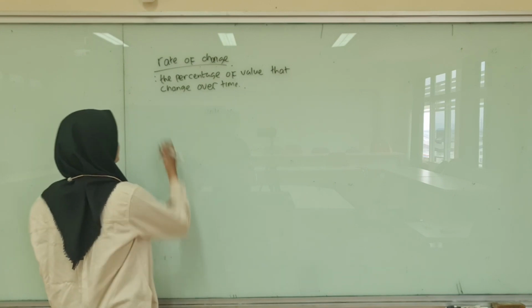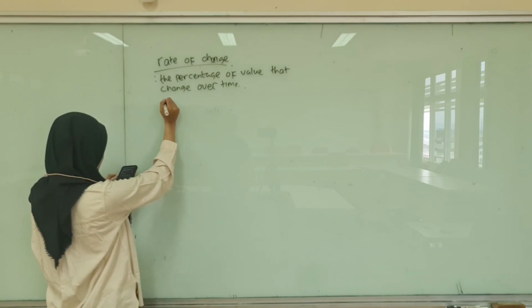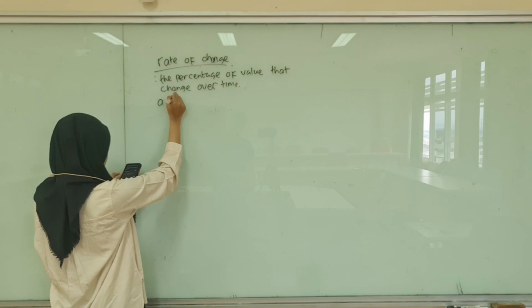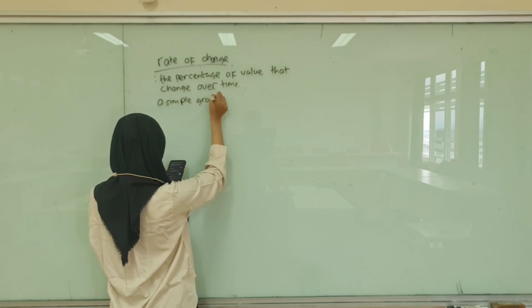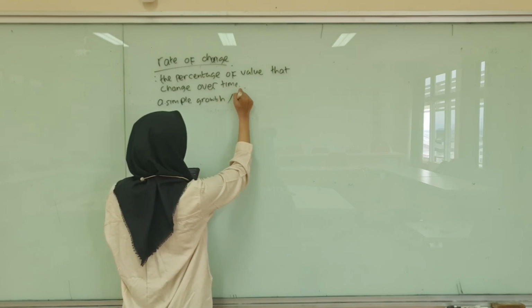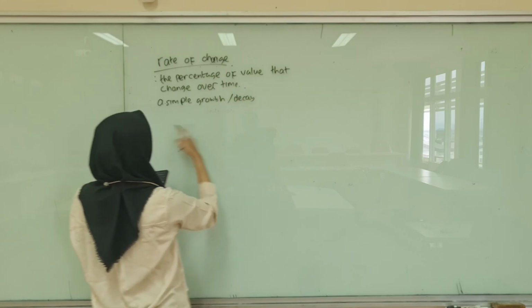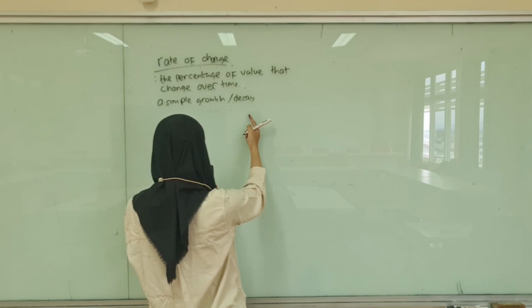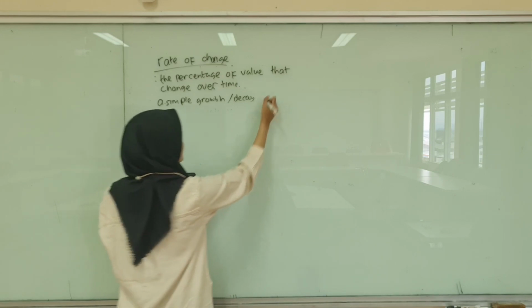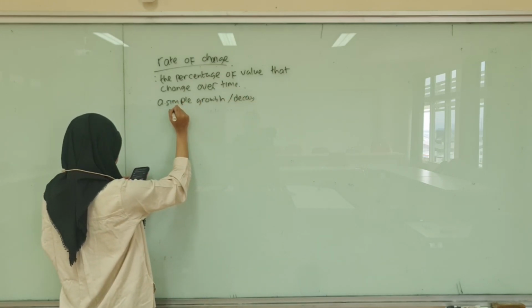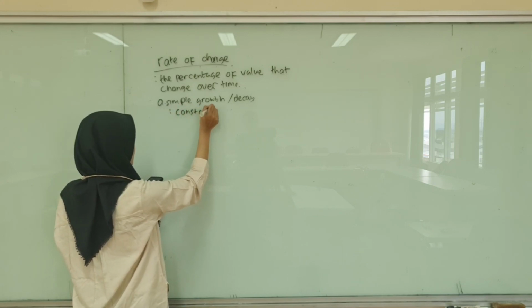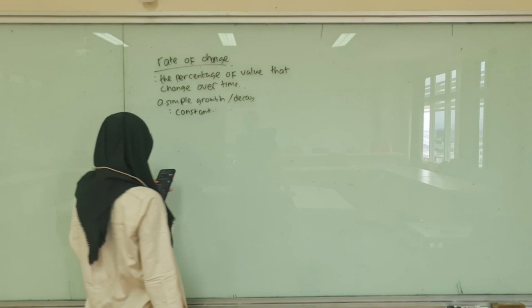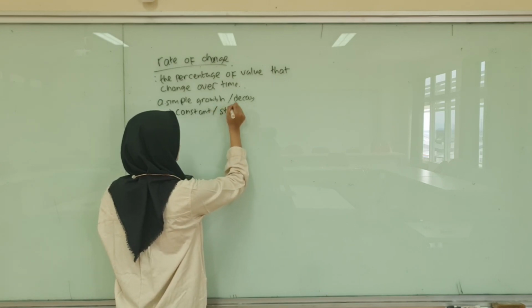And there are two types of changes. There is simple growth or decay. Simple growth or decay means that the change is constant or stays the same.